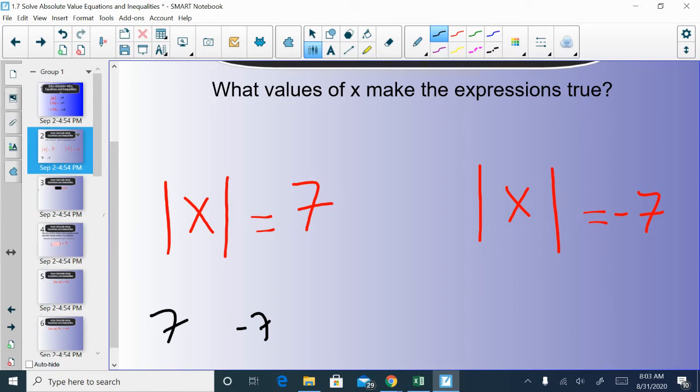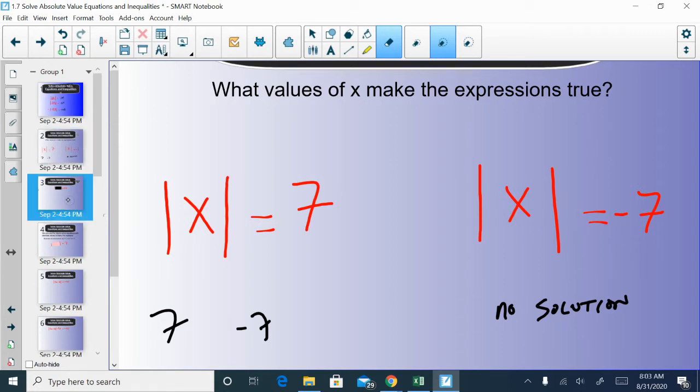And if you make it positive, it'll never be negative 7. So the answer to this question would be no solution, or not possible. Now, if I had a negative sign out there in the original question, then I could make this work. But I didn't. I was just saying, what value, when I take the absolute value of it, gives me negative 7? Well, there is none.